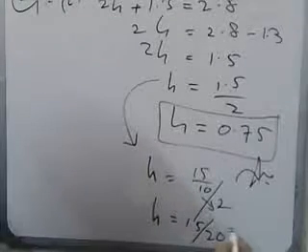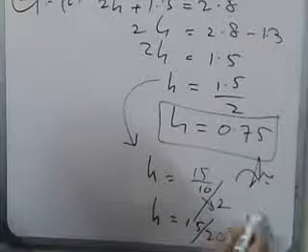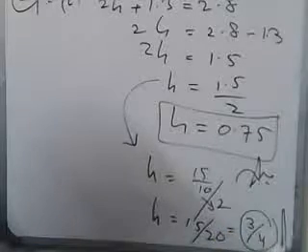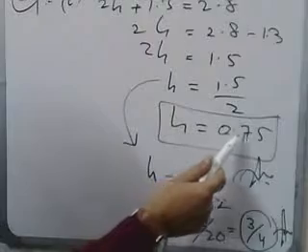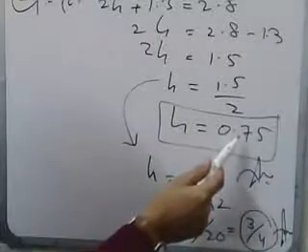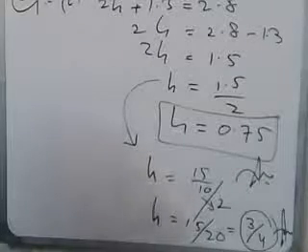So you can see here, we can simplify it. 5 3s are 15 and 5 4s are 20. So your another solution is 3 by 4. First solution is, the value of h is 0.75, or you don't want to find in decimal form, so you can find in fraction form also. So here is the step.